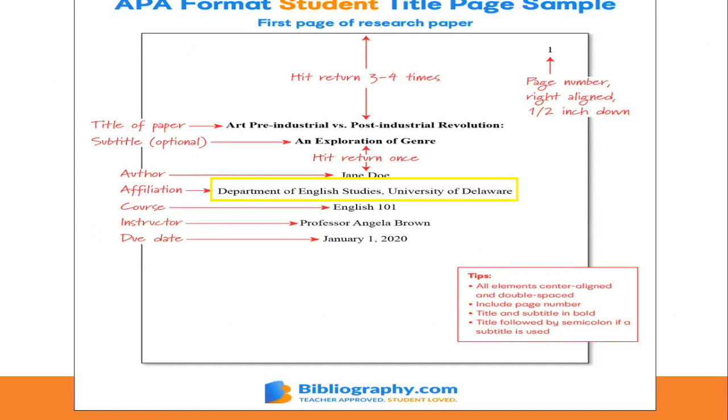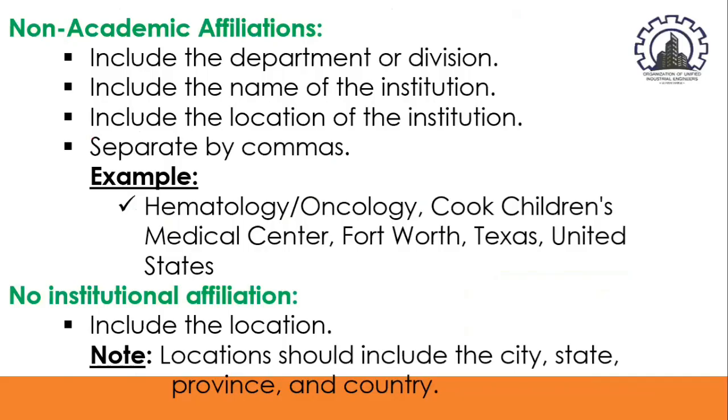So the affiliation for this particular author is Department of English Studies, University of Delaware. All right. So what about non-academic affiliation? What do you write in your manuscript?